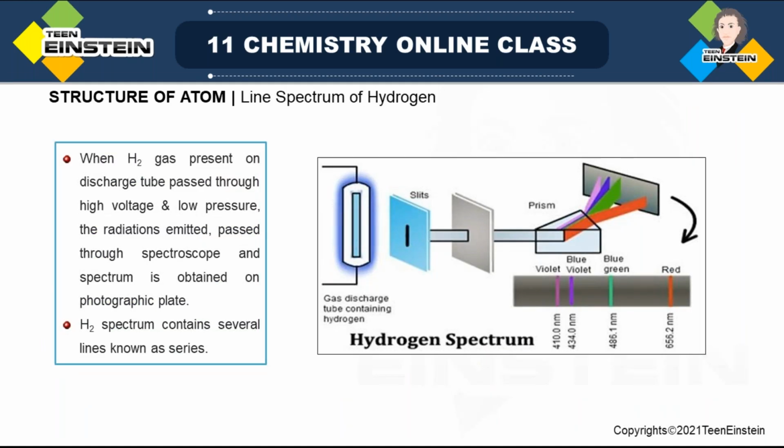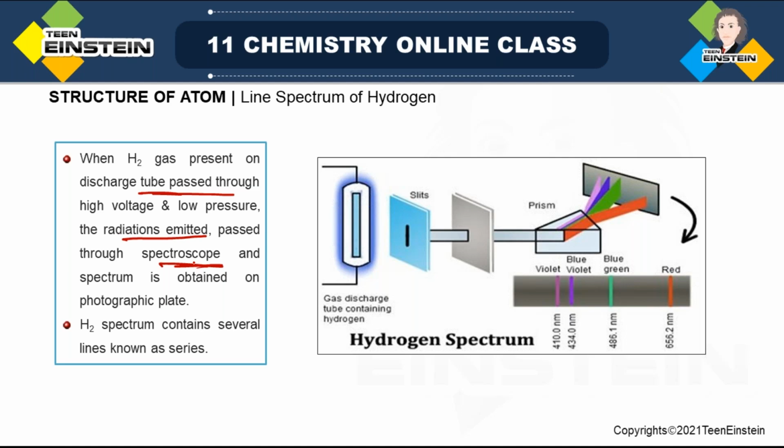Line spectrum of hydrogen. So now we have taken specifically the hydrogen atom, and when hydrogen gas present in a discharge tube is passed through high voltage and low pressure, then we get some radiation. So this emitted radiation is passed through some spectroscope. This is an instrument which is used in spectroscopy. It helps us to analyze the spectrum.